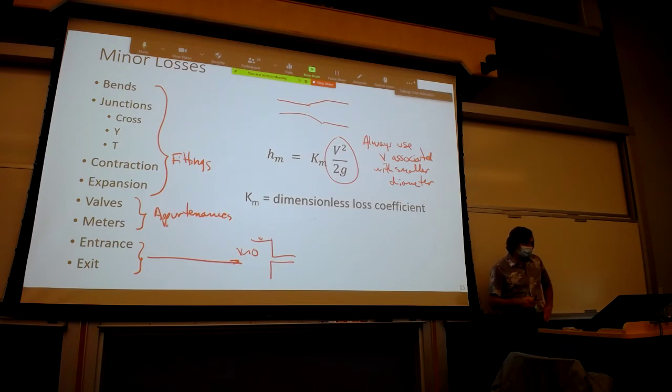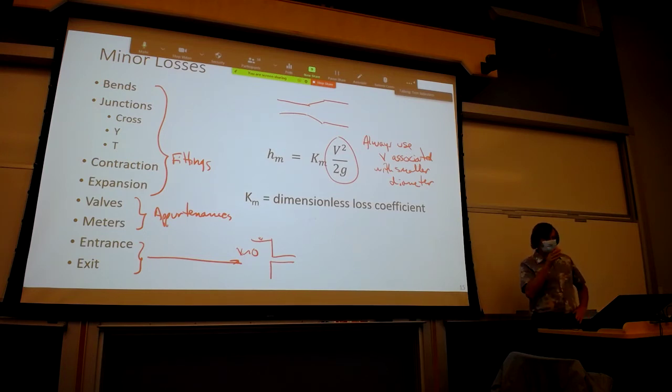So Km is a dimensionless loss coefficient, and typically you can go, for example, in your fluids book on the next page of the slide presentation, I'll go over these, but if you are sizing a system, if you're designing a system, and you're going to select certain valves, let's say you're putting in gate valves, which typically are used to isolate lengths of pipe, they're either open or shut, and you want to know the loss coefficient, the manufacturers all have this information.